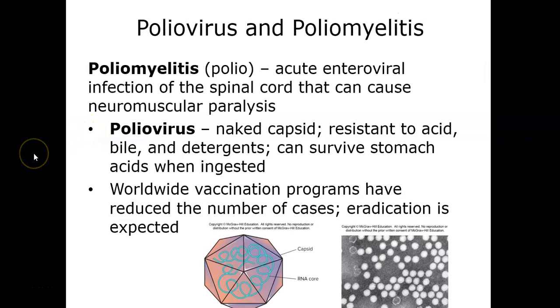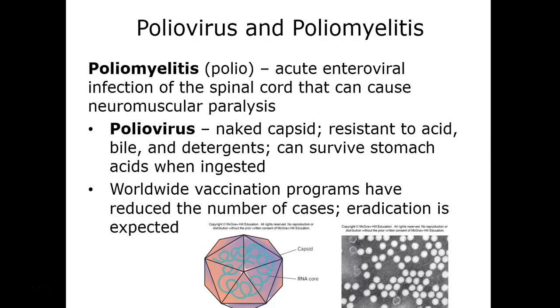We're going to start with the first one, which happens to be poliovirus and causes a condition known as poliomyelitis. The poliovirus impacts the spinal cord and can actually cause paralysis. So when we talk about polio, we're actually talking about destruction to the motor nerve cells.